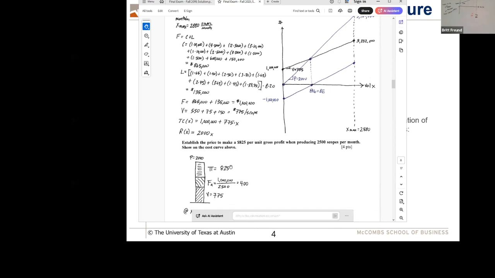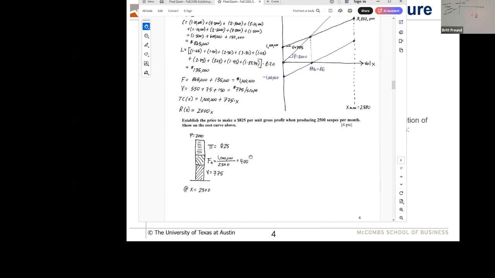I showed you one way to do it. I don't know which works for you best. But one way to do it is to think, okay, I sold 2,500 scopes. If I take a bar chart of the price I got for each scope, and I chopped it up into, well, I made $825 profit, and I had to set aside enough from each of those 2,500 scopes to cover my fixed costs, and I had some variable costs. You can think of it like a bar chart right here.